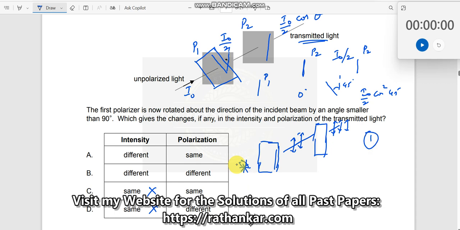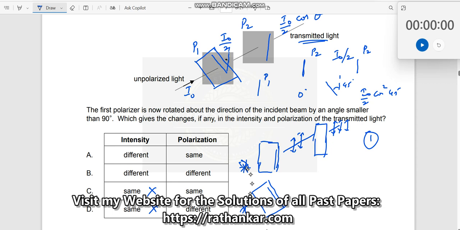In the second setup, what is happening? You keep the polarizer like this. Let me rub this and show you. It's taking some time, but for the sake of clarity we can go ahead. So let us have a polarizer like this over here, transmission axis like this.